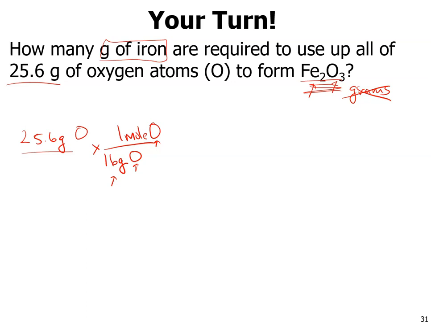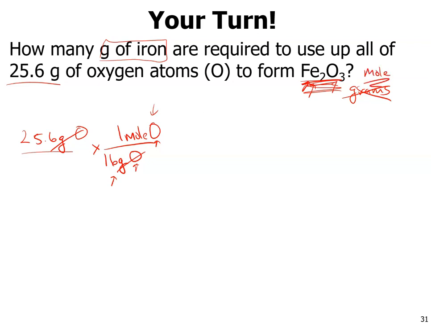And I can flip that because these conversion factors are equal to 1, and it doesn't matter if the numerator is in the denominator or the denominator is in the numerator. Those things can flip if we're doing this to cancel things out for equations. So grams of oxygen goes away. So now I have moles of oxygen.